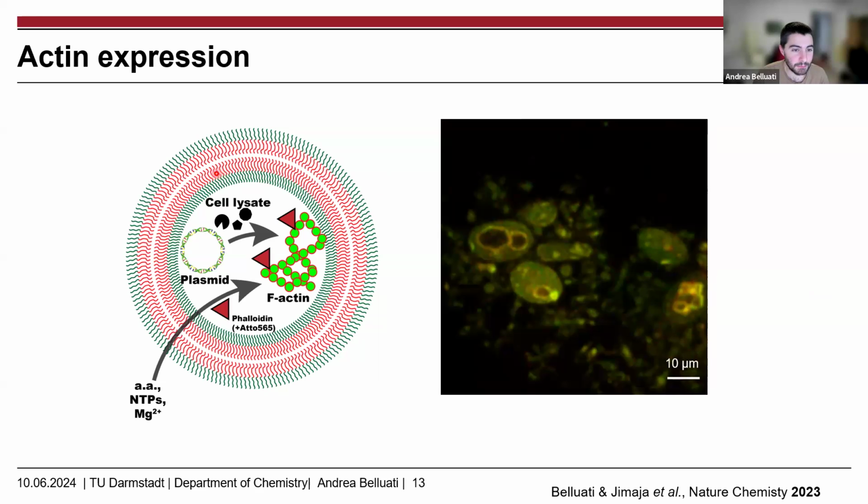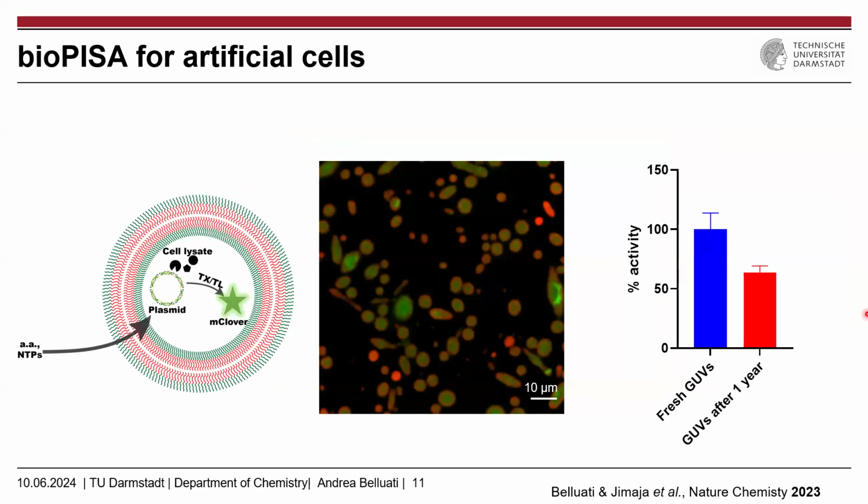So let me just move to the M clover production, so you have shown the graph for the fresh GUVs. I'm very sorry, your voice keeps breaking.